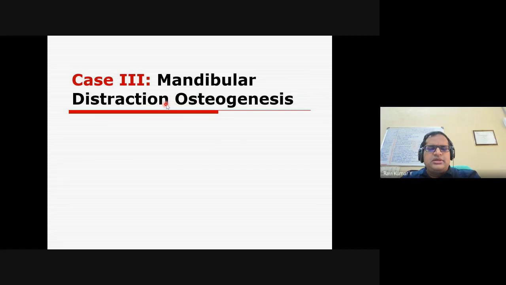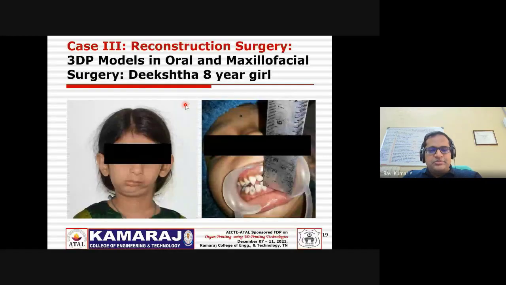Normally, they use this surgical procedure called distraction osteogenesis. They cut the bone and leave it, and then the bone will grow. That growth is guided by this distractor device.